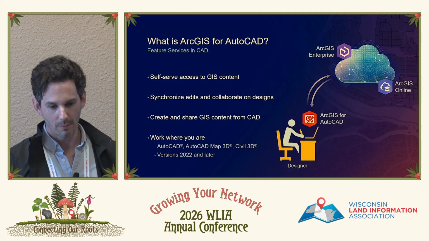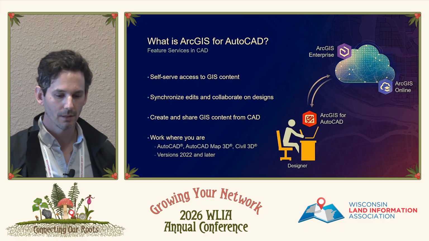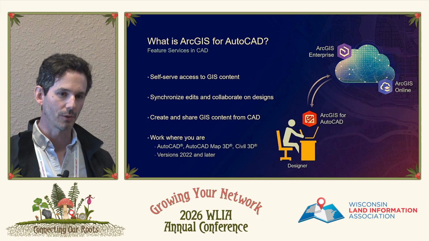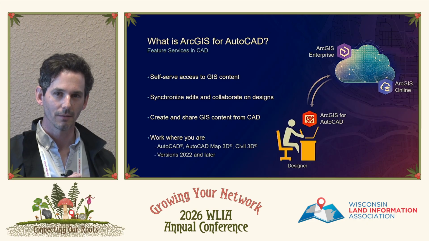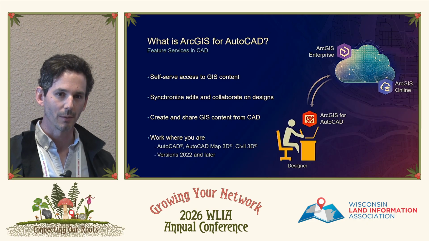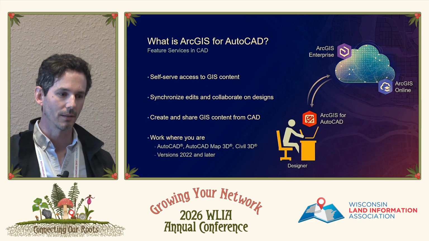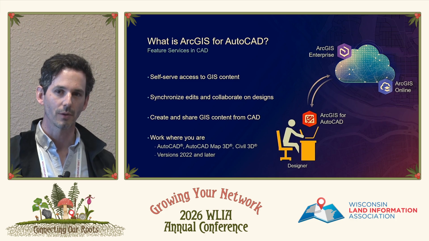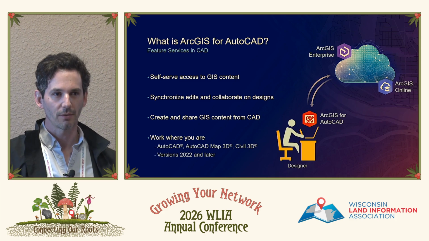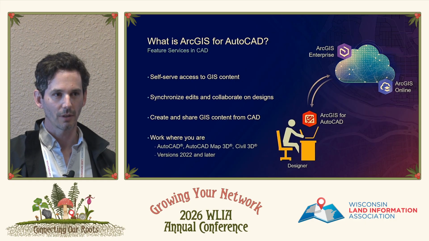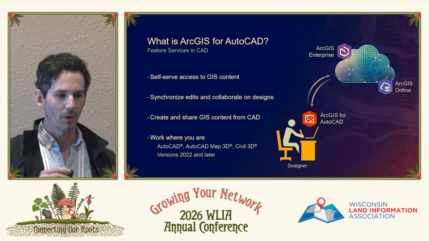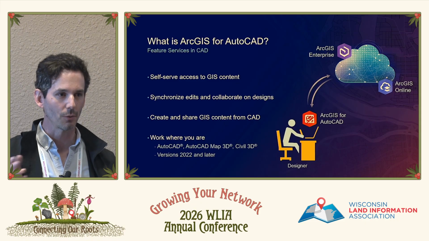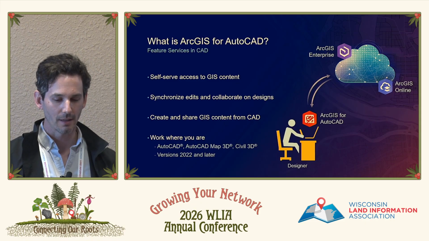Then here, just a little bit about ArcGIS for AutoCAD. The main idea is to allow the CAD users to stay in the environment they work in, and be able to do more there. You can bring content from GIS and use it as a reference, but you can also georeference and put projections associated with your CAD files, and add symbology, related records, labels, and everything you would do in a basic GIS environment.